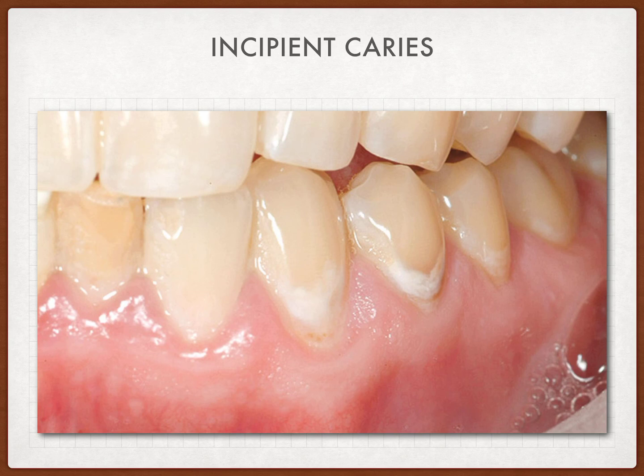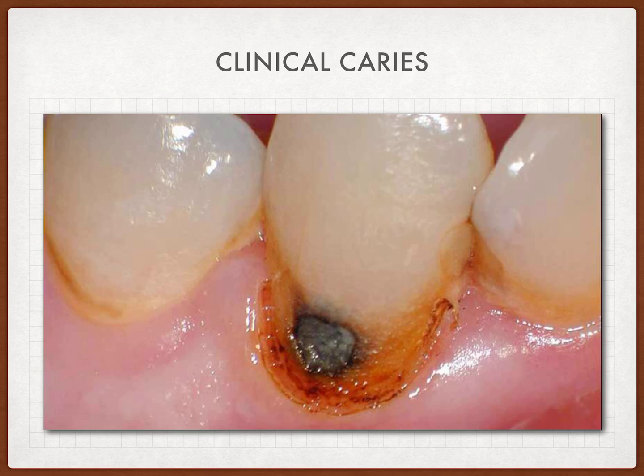This is the first beginning of the carious procedure, that if we leave without remineralization by putting fluoride foams, gels, or rinses, etc., will progress, and further weakening of the tooth structure will happen, and then there will be a fracture in that tooth structure, and then there will be a cavity that will lead to the transition from the incipient caries to the clinical caries. This is the clinical caries and cavity.